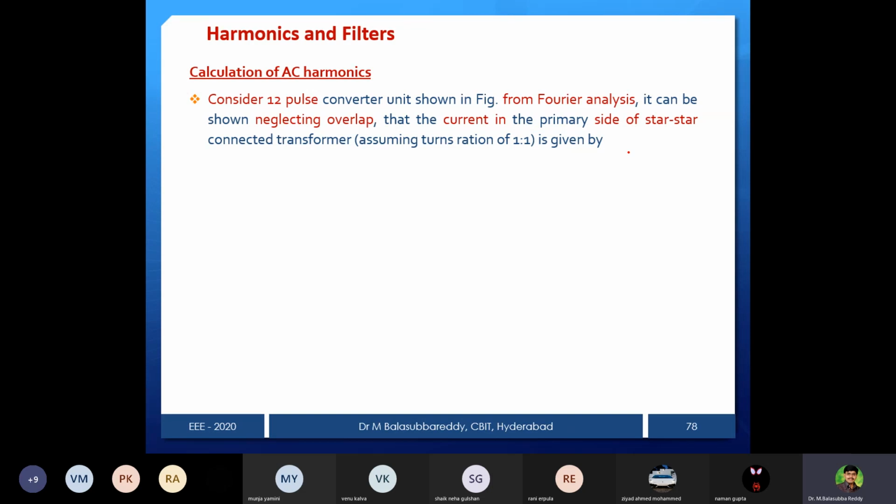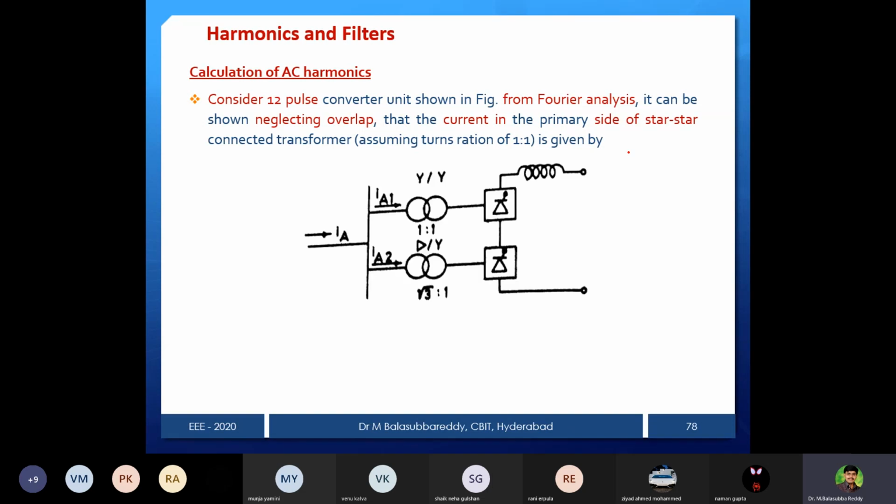Also we can see the transformer ratio primary to secondary is 1:1, which shows that the supply side and valve side voltages are the same. And this is just the previous diagram, IA1 and IA2.